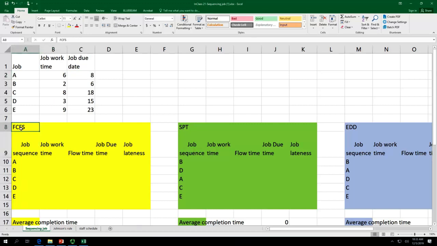For first come, first service, whatever the arrival time, A comes first, so we just use the natural sequence A, B, C, D, E.